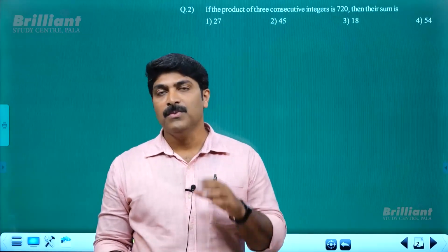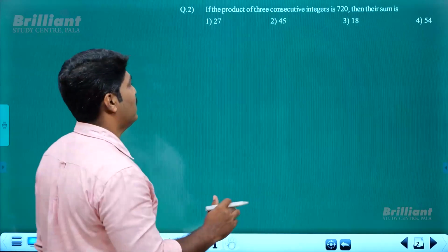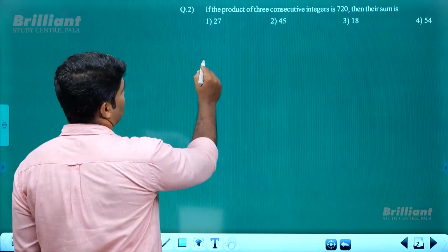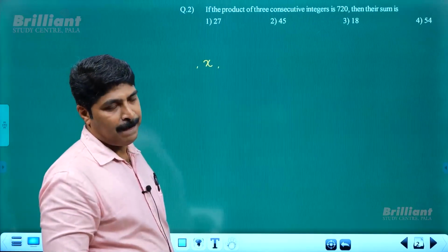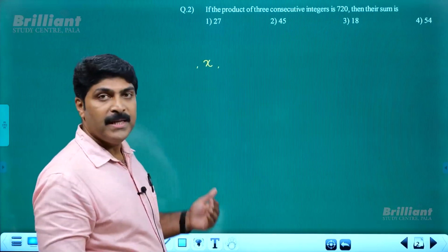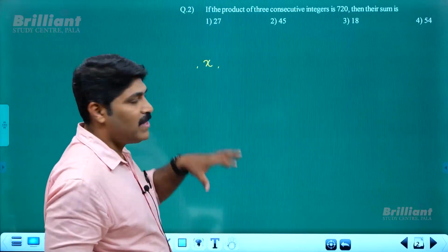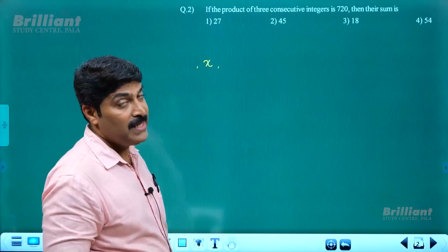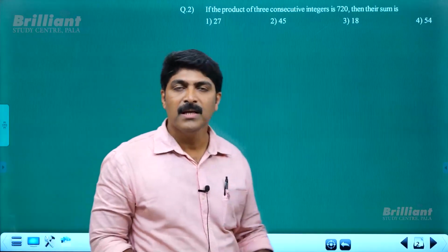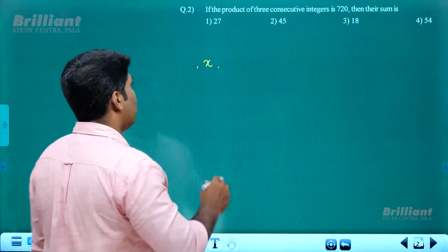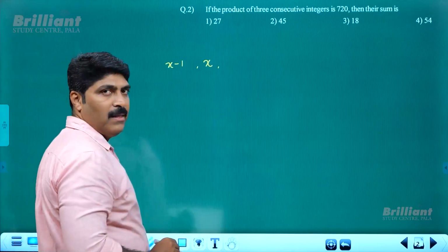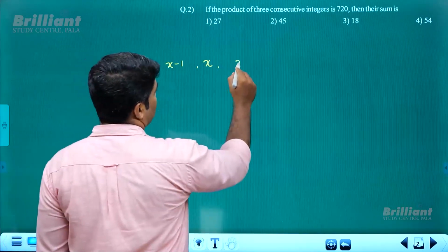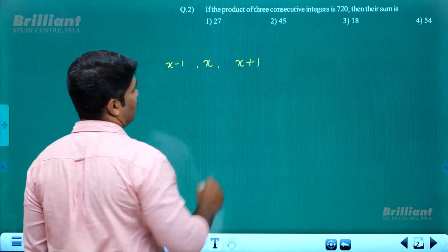The smart way is to consider the middle number as x. Since we are dealing with integers, not necessarily natural numbers, its preceding number is x minus 1 and its succeeding number is x plus 1.